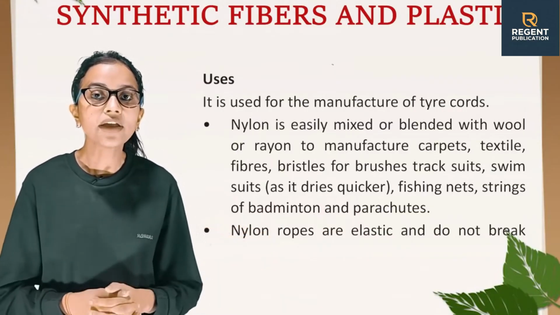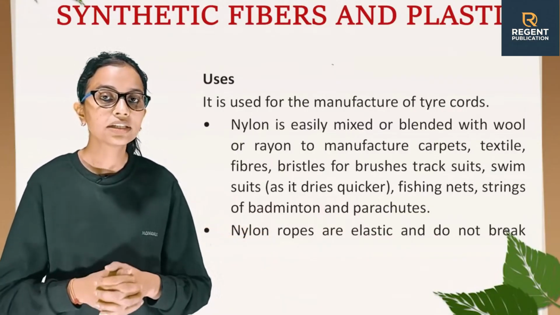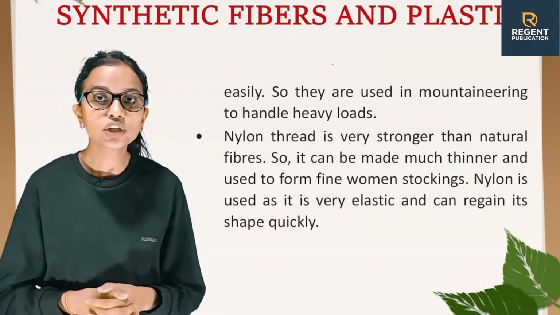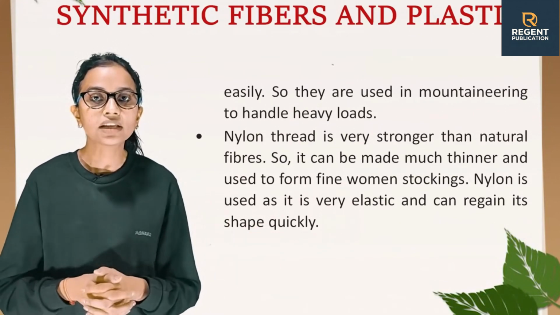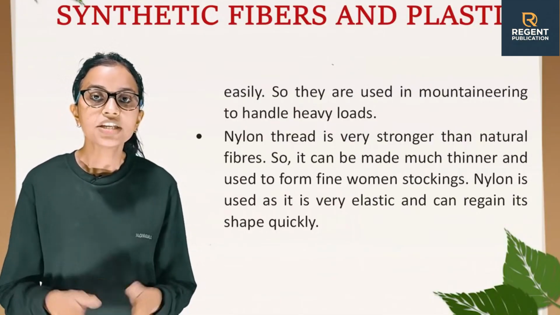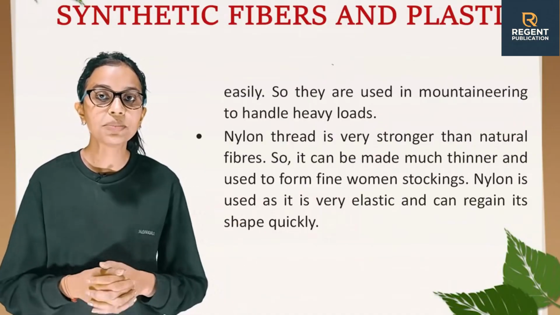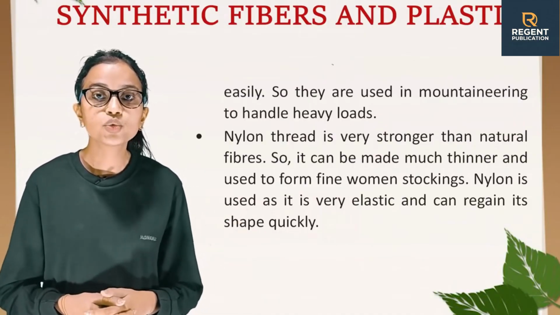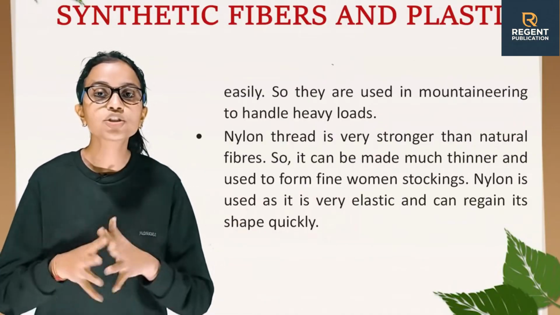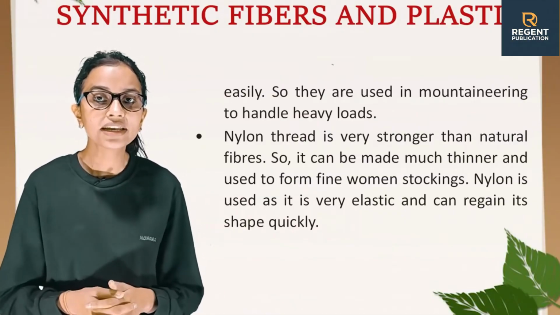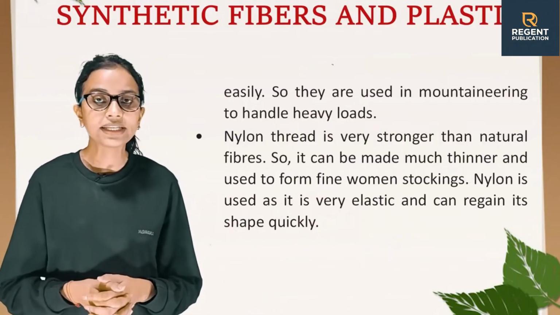Nylon ropes are elastic and do not break easily, so they are used in mountaineering to handle heavy loads. Nylon thread is much stronger than natural fibers, so it can be made much thinner and used to form fine women's stockings. Nylon is very elastic and can regain its shape quickly.